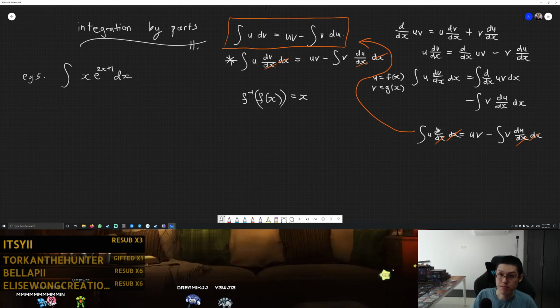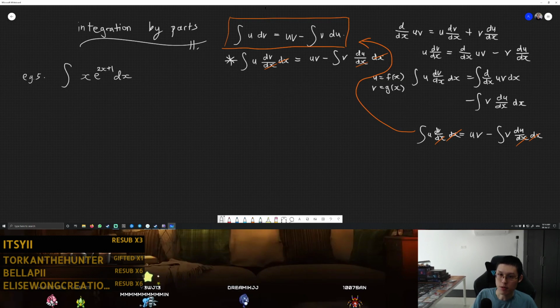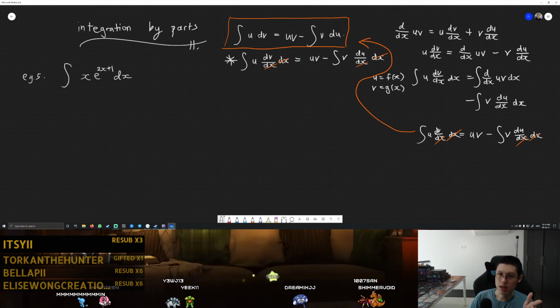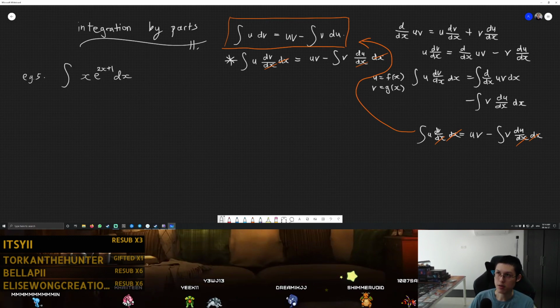So how do we actually use this formula? The first thing you do is assign one of these things as u and one as dv. Usually you assign u to the thing that becomes simpler when you differentiate.